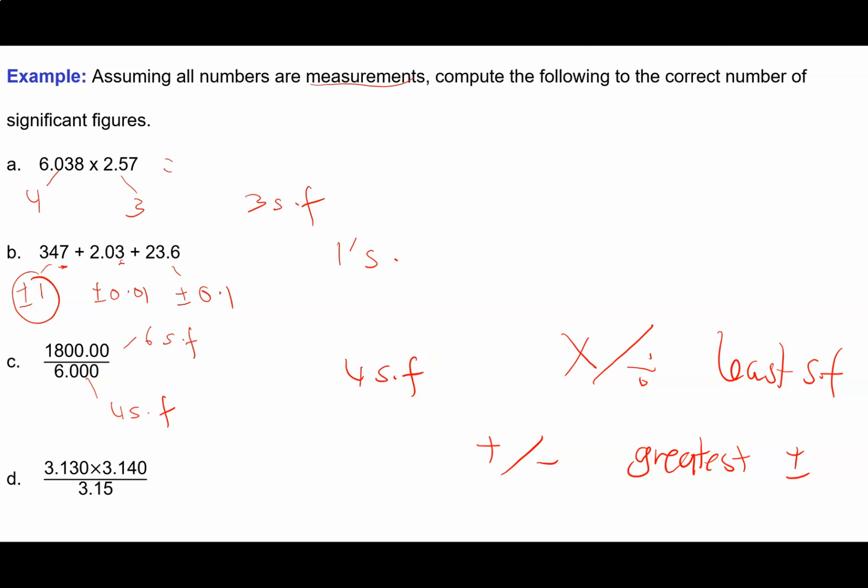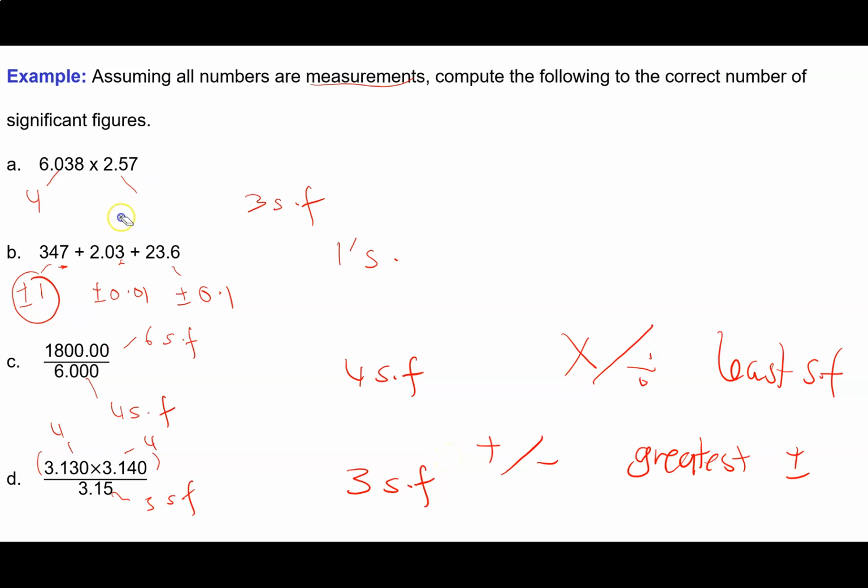And then finally, we've got multiplication and division occurring in the same problem. So we've got a lot of numbers to analyze here. This bottom number here, 3 sig figs. These top 2 are 4 sig figs apiece. So for multiplication and division, we go with the least sig figs, so that means that our answer has to have 3 sig figs.